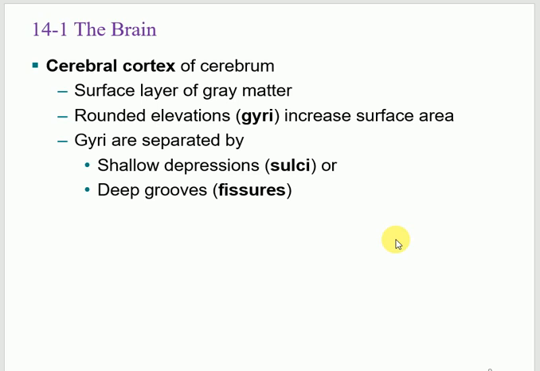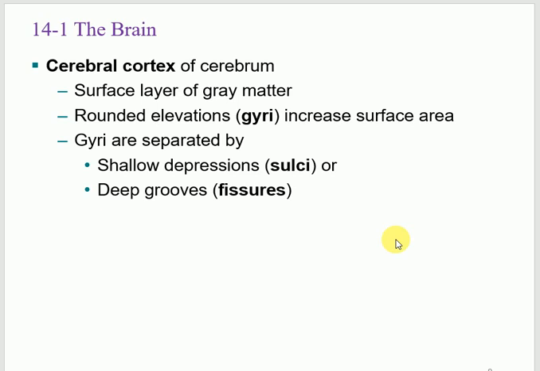Do you remember that? The gray inside with all these horns and it's white outside. This is the opposite. The cortex outside is gray and the inside is white. There is some gray in that white, but generally speaking, cortex is gray and the inside is white.